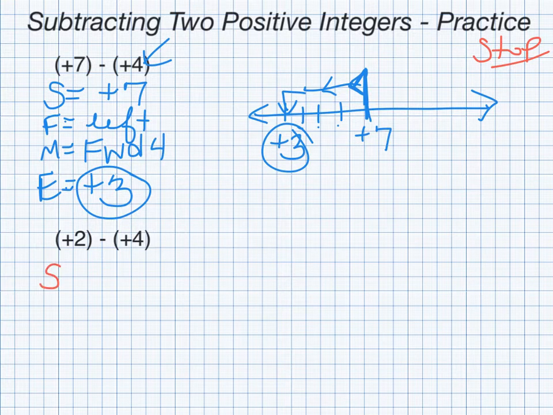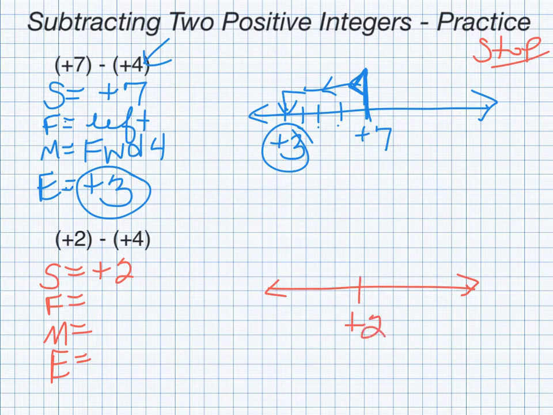Next one, I've got start, face, move, end. I'm going to start reading left to right at positive 2. Draw my number line. There I am, positive 2. I'm going to face, because I'm subtracting, always to the left, in this direction towards the negative part of the number line. I'm going to be moving.